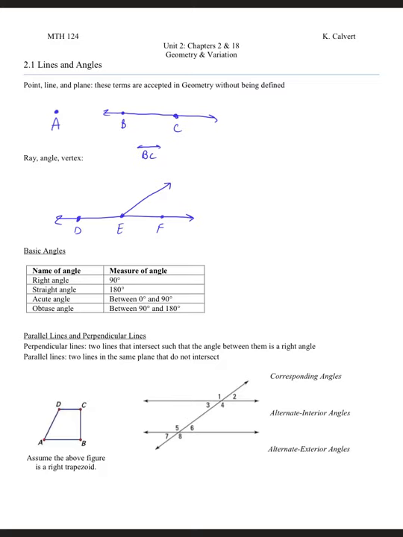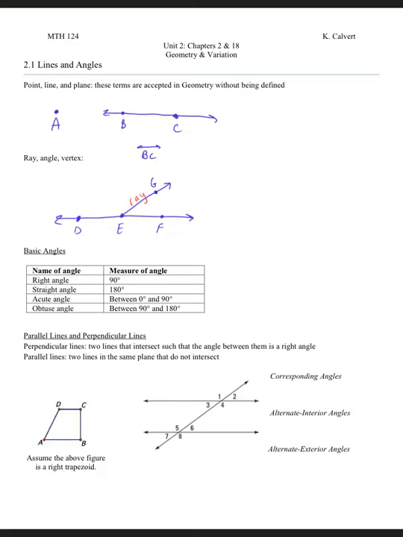So it has an endpoint on one end of the line and goes forever the other way. We call this a ray. And then what we can do is put another point on this ray, and we can label this as point G. So we could say that this is ray EG.